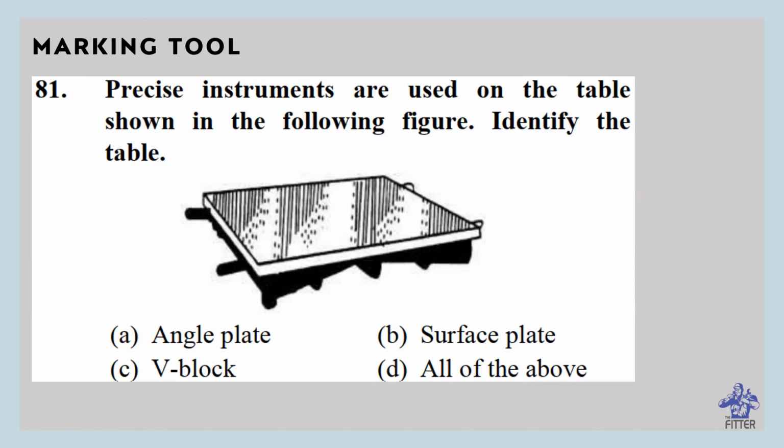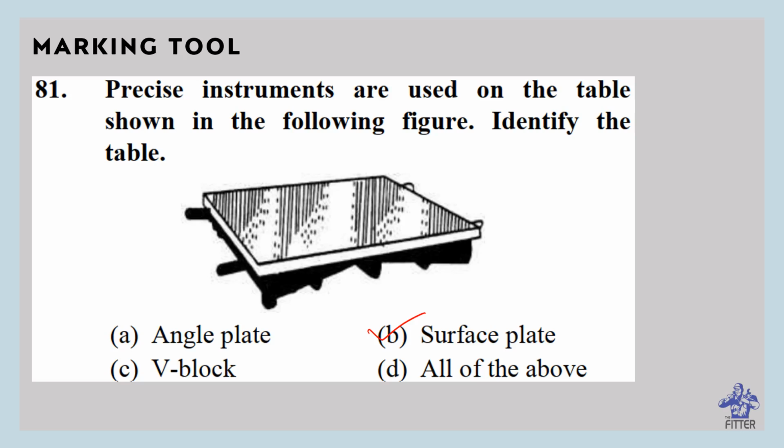Precise instruments are used on the table shown in the following figure. Identify the table. That is surface plate, option B. Surface plate is used to test the flatness of other surfaces or to provide a truly flat datum surface in marking off.